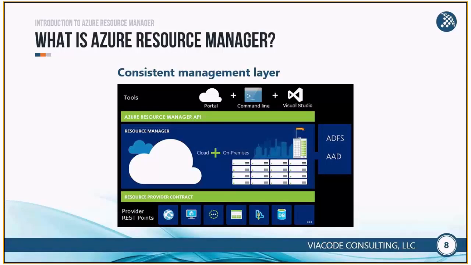So the first question, what is Azure Resource Manager? The answer: ARM is a management layer in the middle between actual resources and users' tools. The ARM API is used to access resources through providers. ARM is a single point of management, and it doesn't matter what supported tools are used.